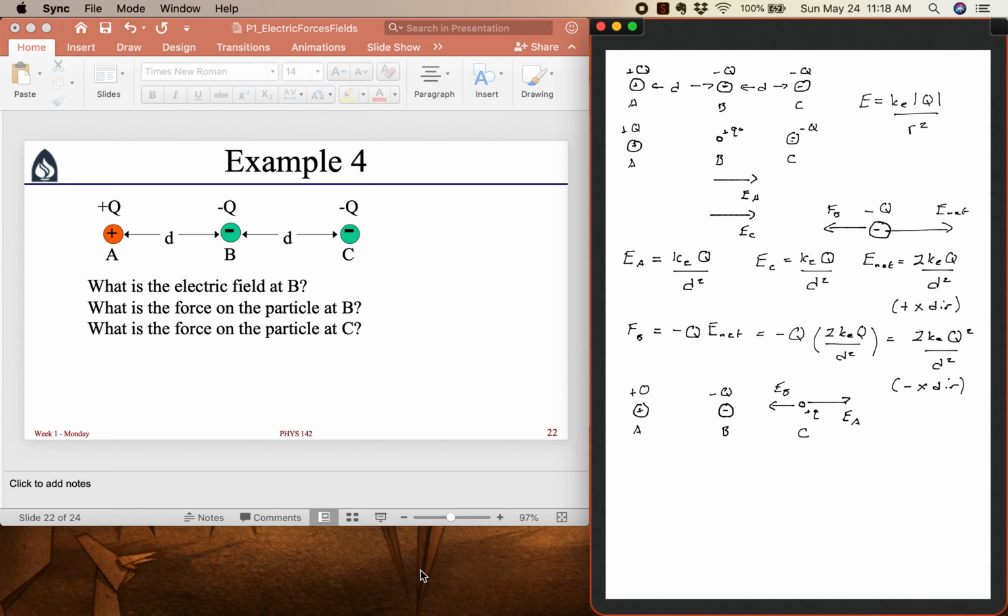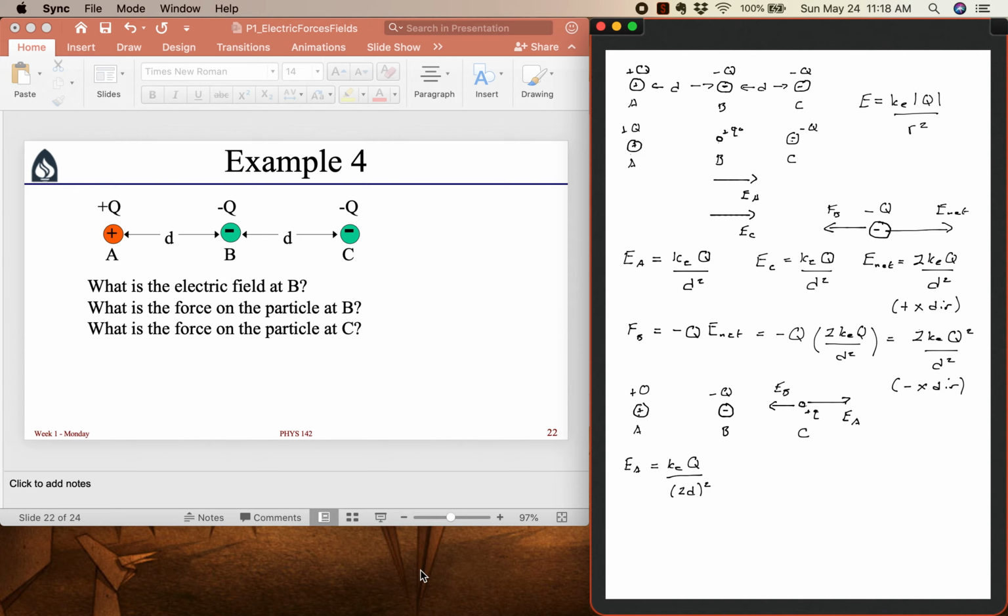Okay, so the next thing to do is to figure out what are the magnitudes of these two electric fields. Let's start with A. So the electric field made by charge A is going to be Ke, the amount of charge is Q, and then the distance between A and the point where I'm finding the electric field made by A at this location, that distance is actually 2d.